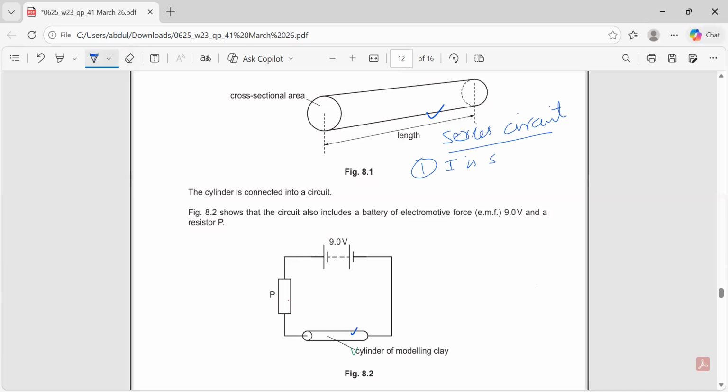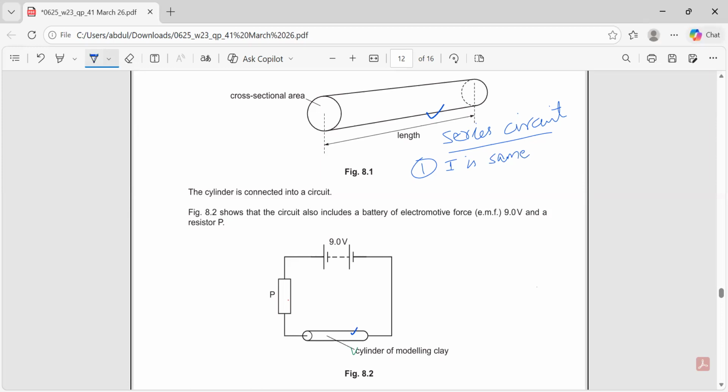Like if we are told that current through this battery, which will be the total current also, is 2 amperes, then current through this resistor P will be 2 amperes. Current through this modeling clay will also be 2 amperes. So in a series circuit, current stays the same through each component in series. This is the first point.